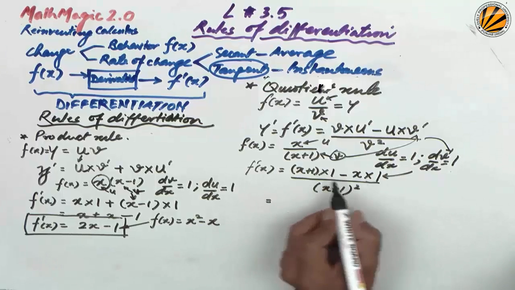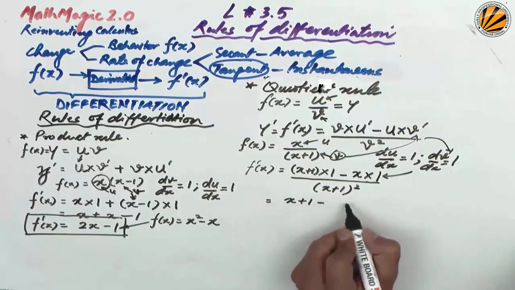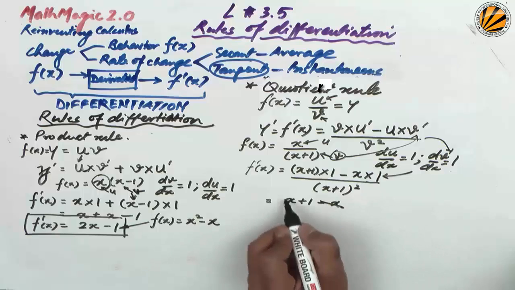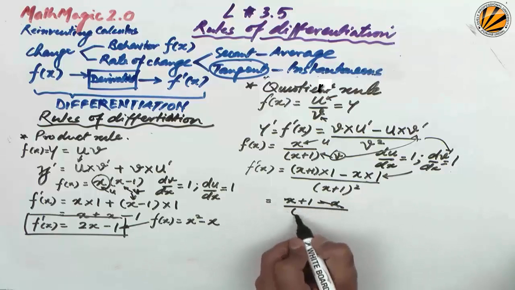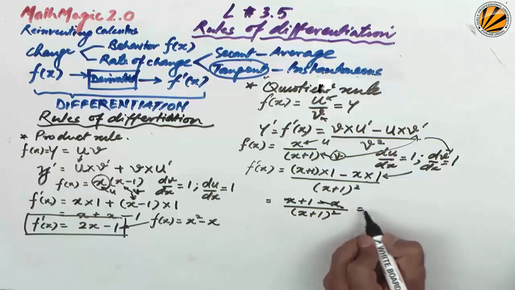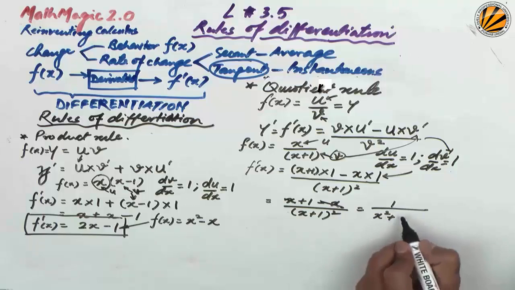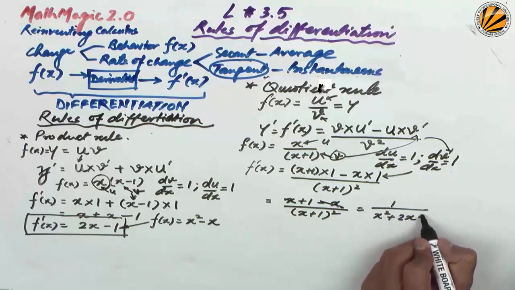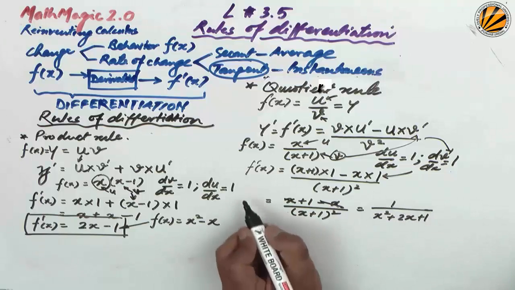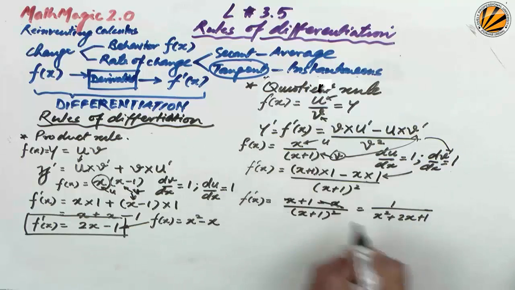If I look at this, it becomes x plus 1 minus x, divided by x plus 1 whole square. So this becomes equal to 1 divided by x square plus 2x plus 1. This is going to be the derivative of the given function.